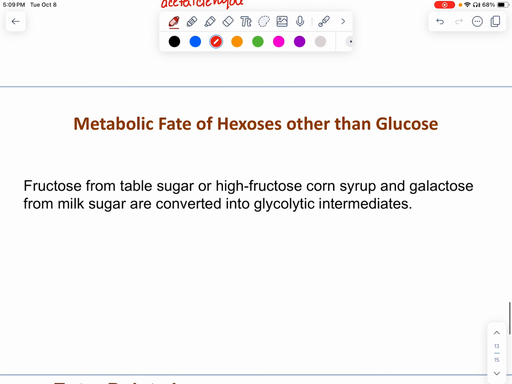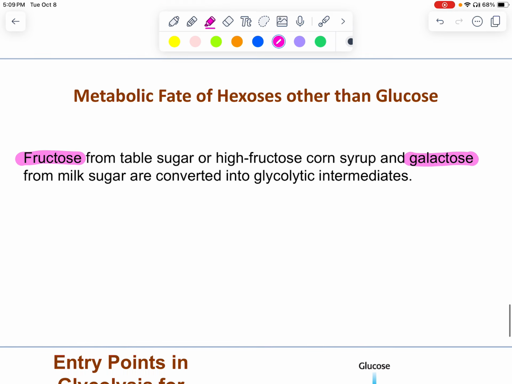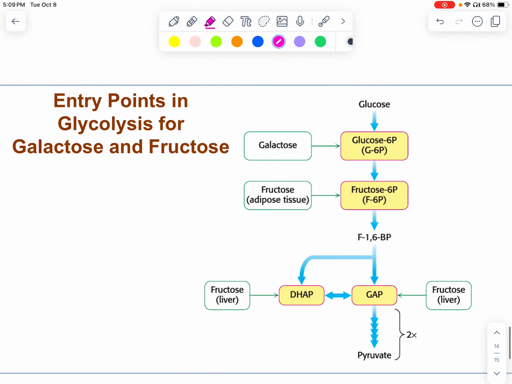All right, let's talk a little bit about hexoses, so these 6 carbon sugars other than glucose. As we talk about these, we could think about fructose from table sugar or the high fructose corn syrup. We can talk about galactose from milk sugar. And these all get converted into some of these glycolysis intermediates.